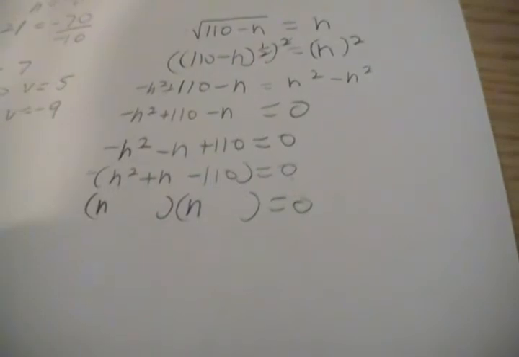Now we have to choose factors of 110 so that when you combine them together, it should equal 1n. So let's see if we can do that. Well, we have 110, so let's see what factors might work here.